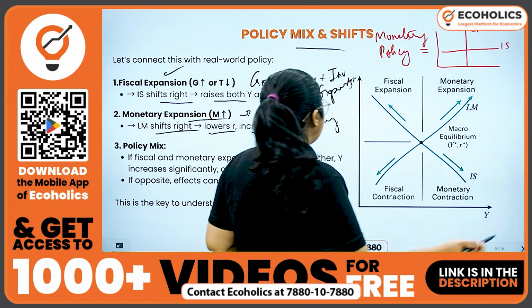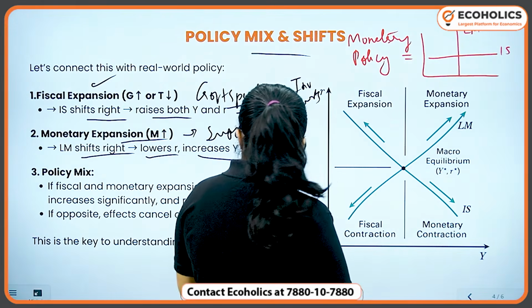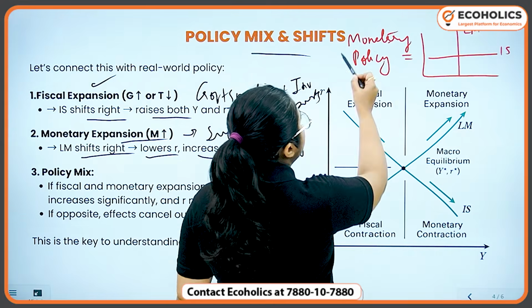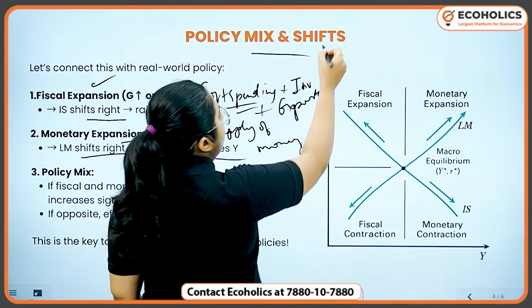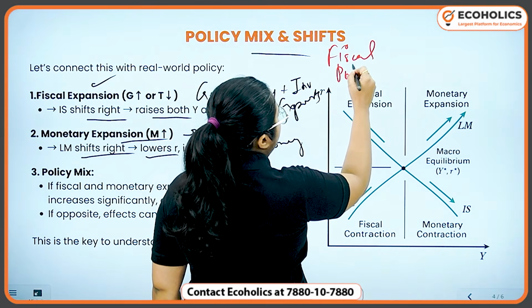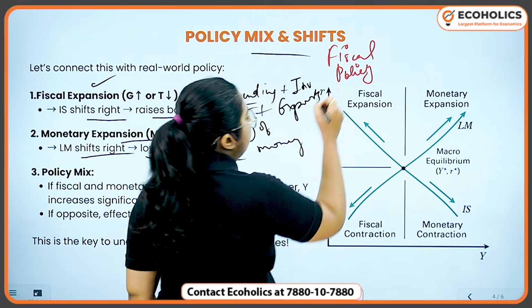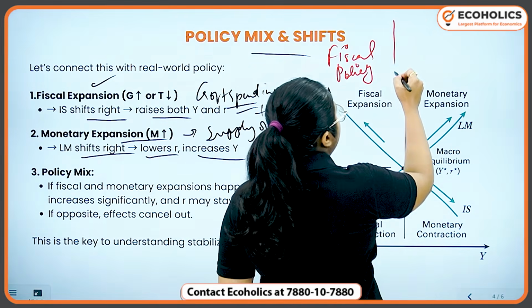Because of this, monetary policy is going to work in these conditions. But vis-a-vis, if we are talking about fiscal policy being effective, when will the fiscal policy be effective?